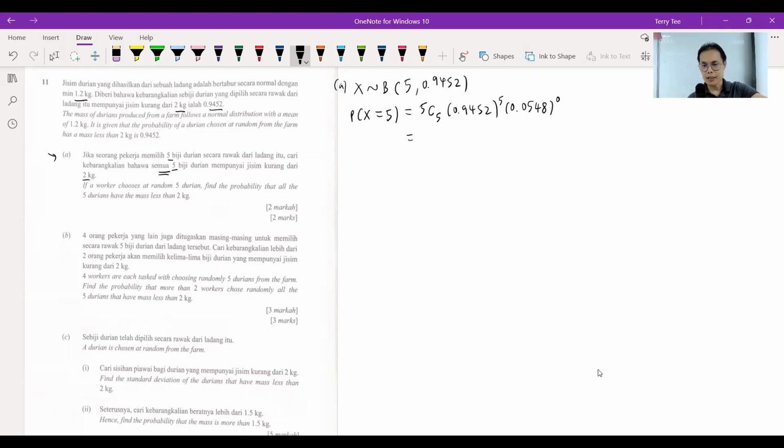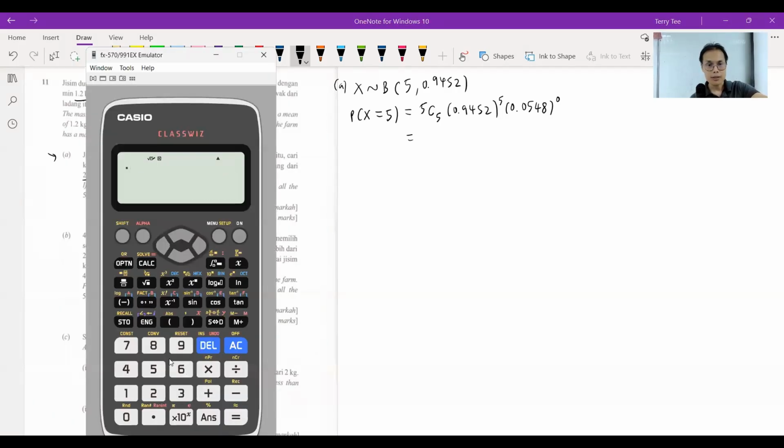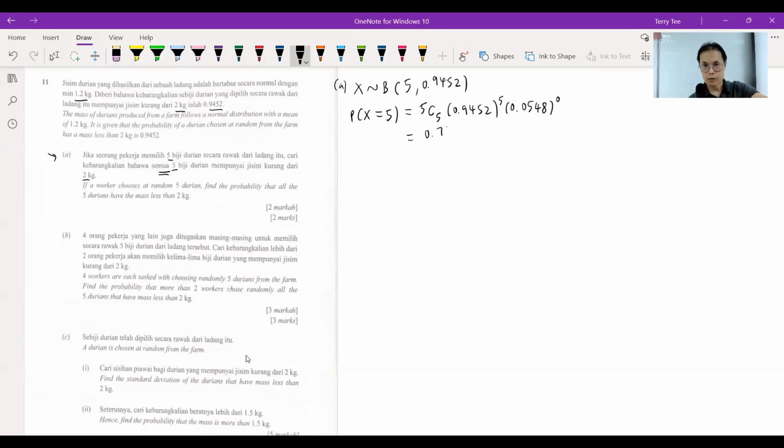So it's basically 0.9452 power 5. You don't actually have to use the binomial formula. This is 0.9452 power 5. There you go, 0.7544, not 7455, 7544.